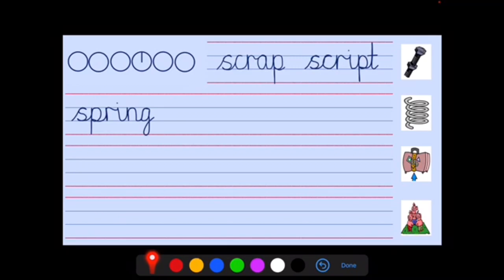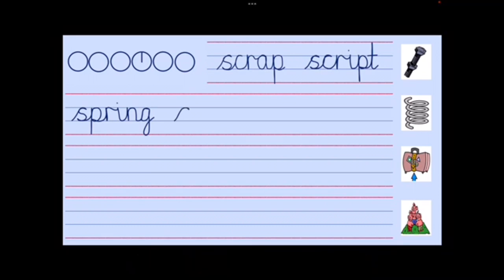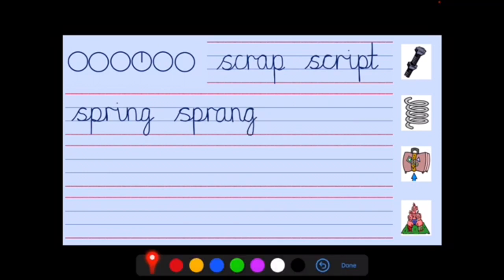And our next word is very similar, but this time it is sprang. Spr is S-P-R, and then a-ng, if that's the way you say it.